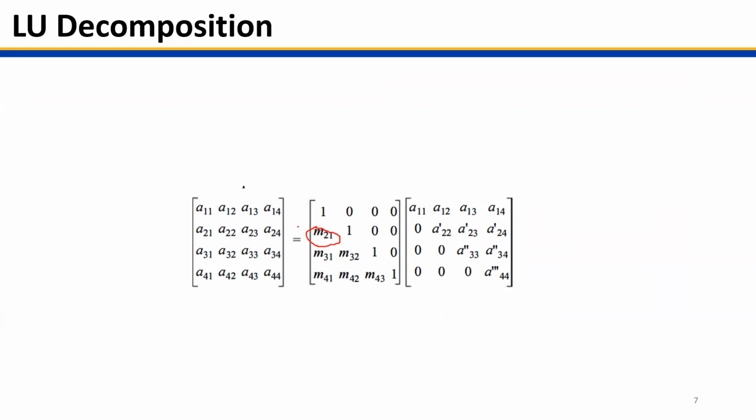Let M21 equal -6/4. Okay. So do we see how we got that? Right. So M stands for multiplier. M stands for multiplier. So the multiplier is basically going to be a constant, a number for each iteration of that row.